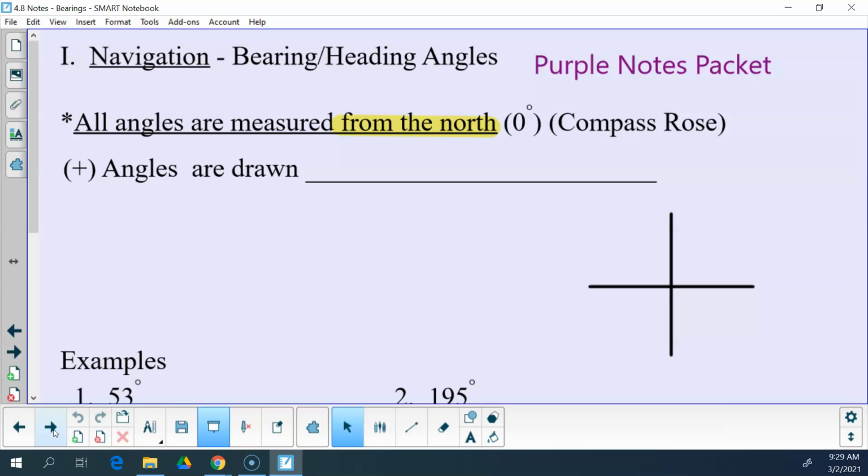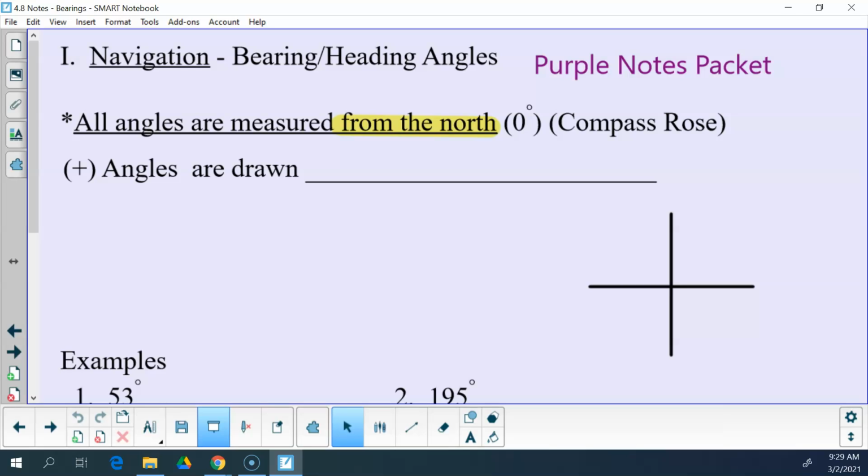And the reason that they're goofy is because all bearing angles, or no, I got that wrong. All headings are off of the compass rose.